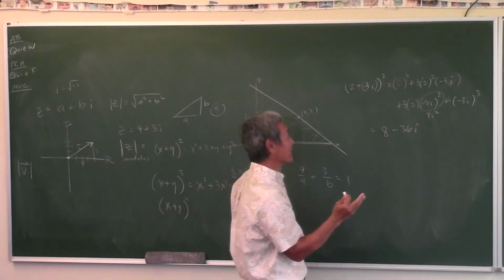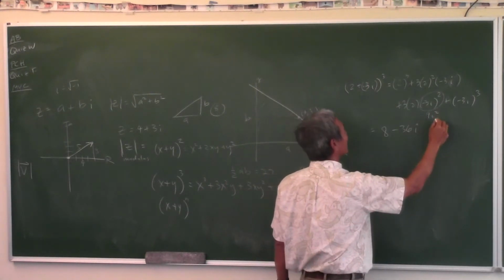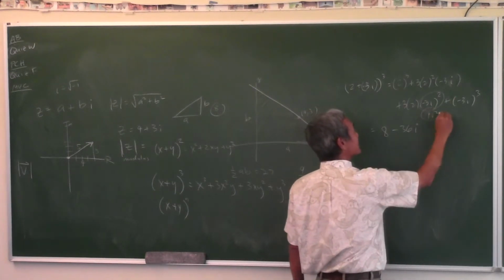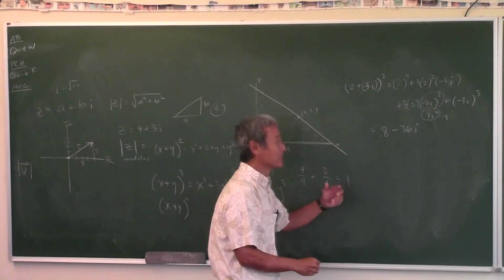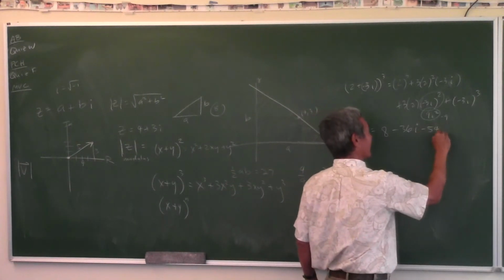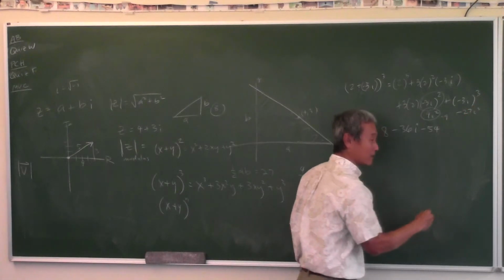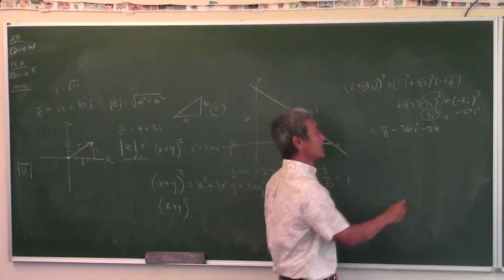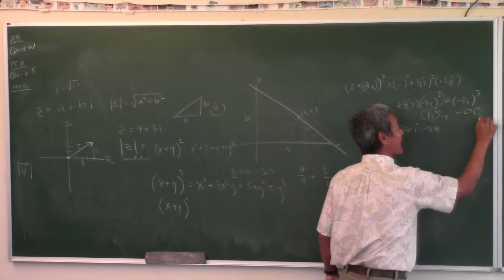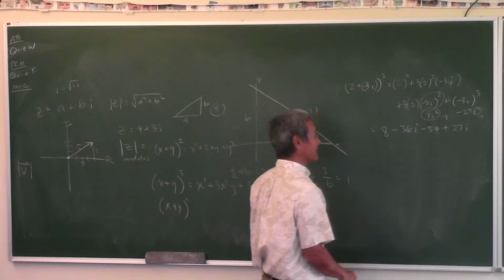Negative 1, so therefore it's 54. Wait, this is the same thing as negative 9 times 6, negative 54. And then this is negative 27i cubed, right? And what is i cubed again? Negative i. So if this is negative i, plus 27i.